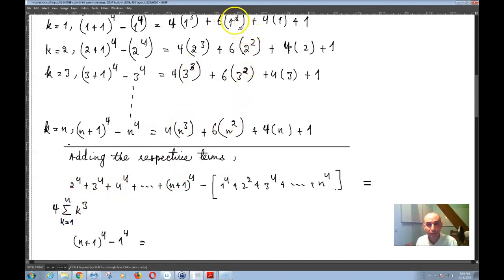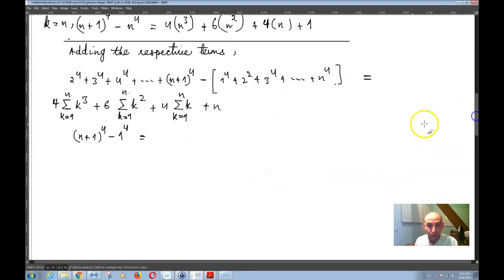Over here I have 6 times 1 squared all the way up to n squared, so I can write it as 6 times sigma k squared as k goes from 1 to n. And then over here I have 4 times 1 plus 2 plus 3 all the way up to n, so that is 4 times sigma k as k goes from 1 to n, plus n, which is basically all of these n's together, right?